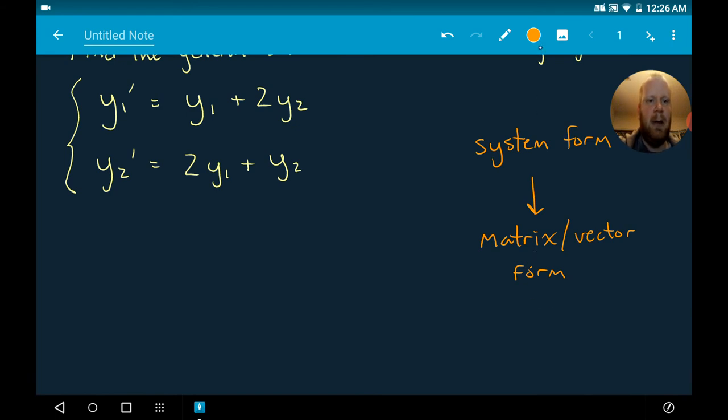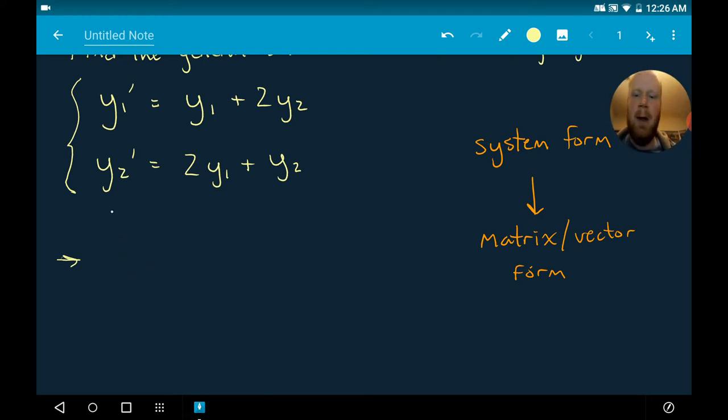And so we'll do that. Say this is the same as my y prime vector.